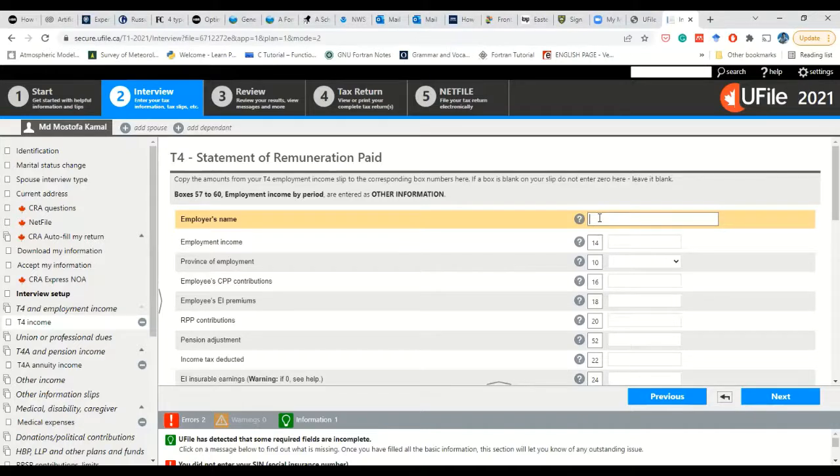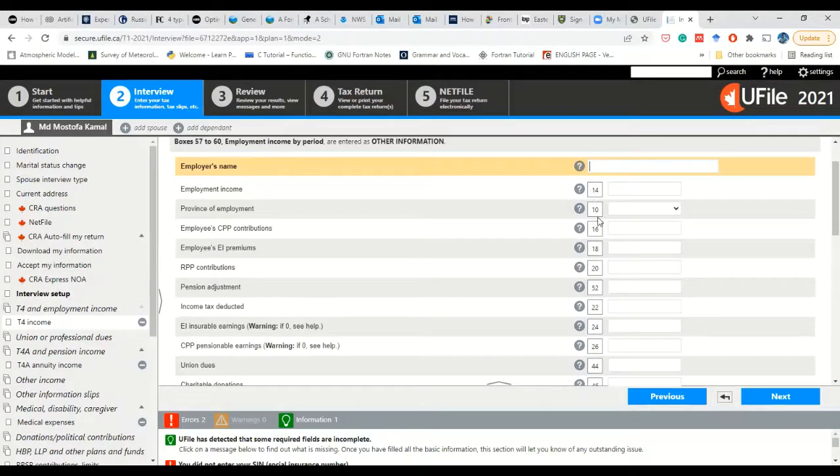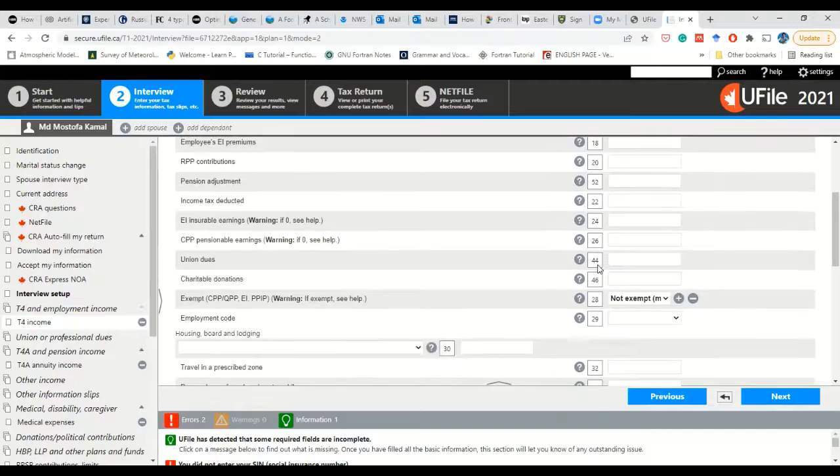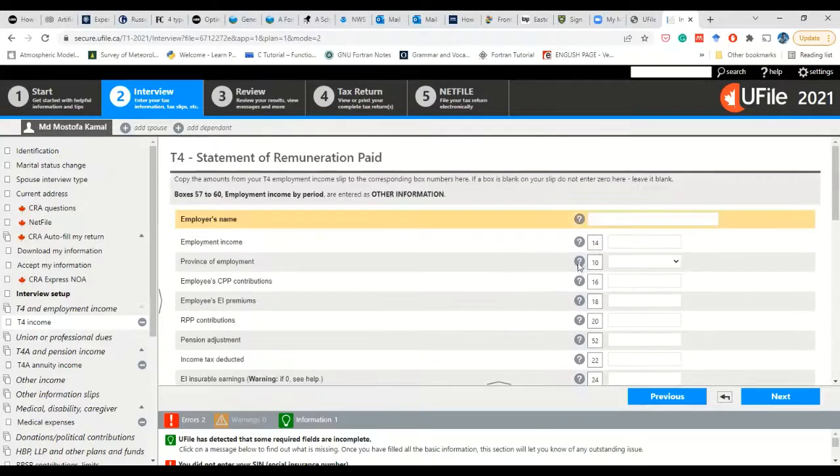So for me, I need to write University of Saskatchewan as the employer name. If it is another institution for you, then please write down the name of your employer. Then I showed you there are boxes with different numbers, and you just need to transfer the values corresponding to each box.